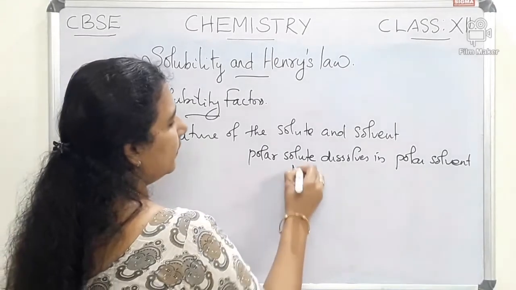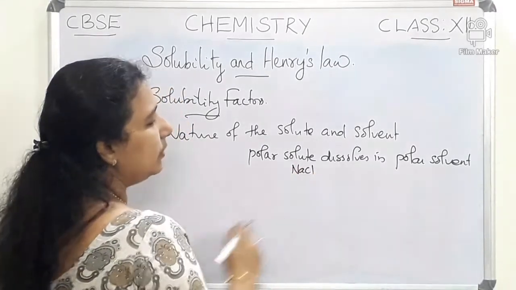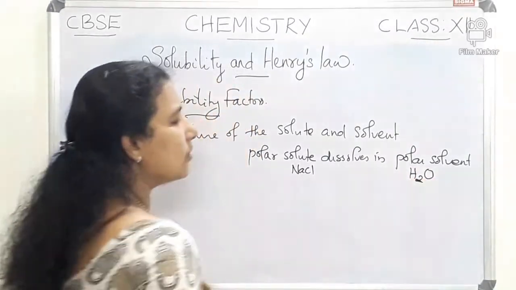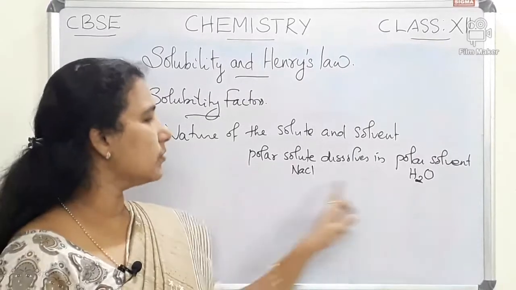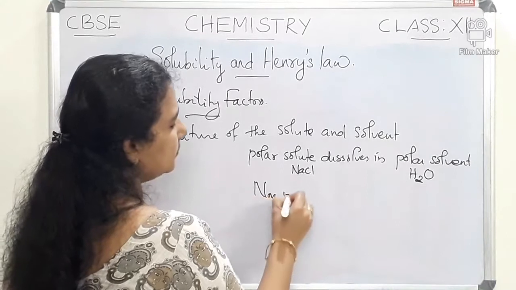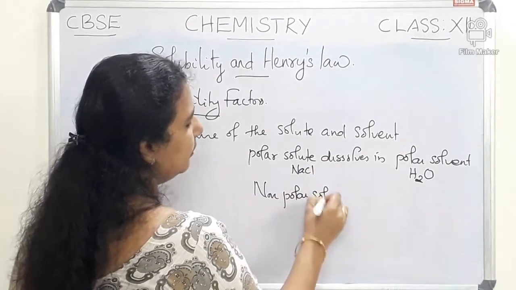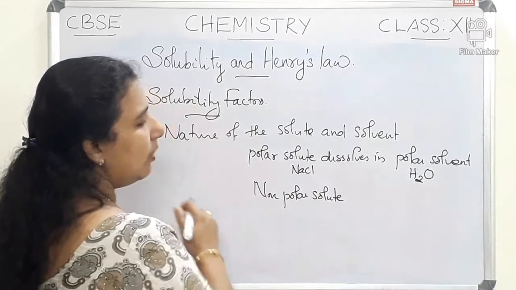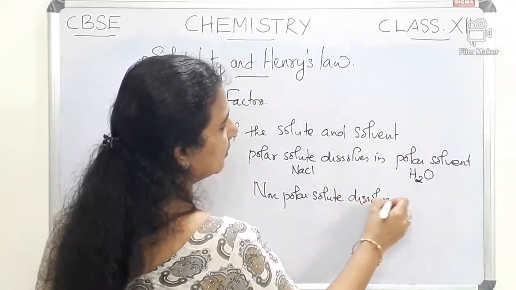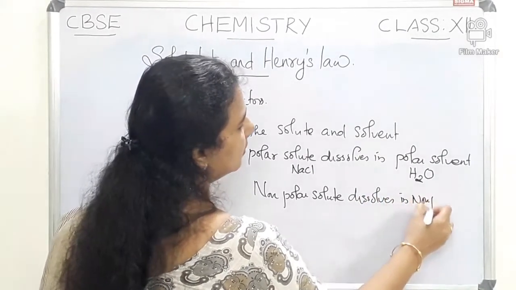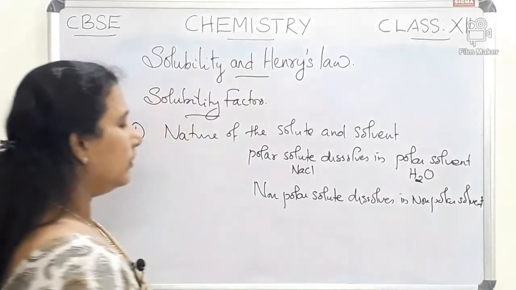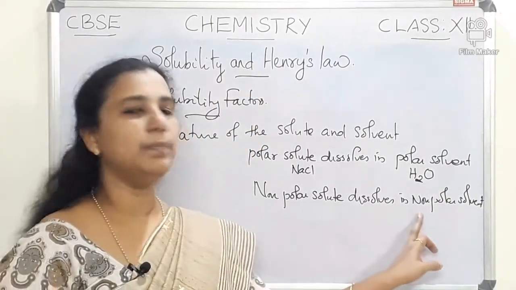For example, NaCl is a polar solute which dissolves in a polar solvent like water. Water is a polar solvent, and in it sodium chloride will dissolve. A non-polar solute, normally an organic substance, dissolves in a non-polar solvent.